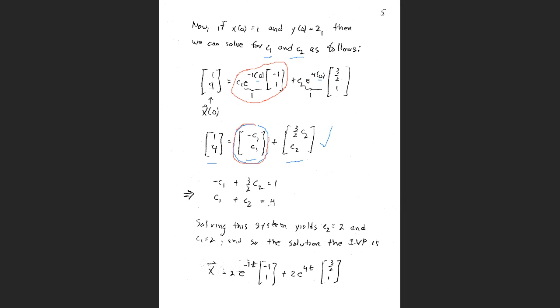Similarly, the second part here, you just multiply C2 by the vector 3/2 and 1, and you'll get that vector. Are there any questions up to here? Hopefully it's pretty intuitive. Hopefully.